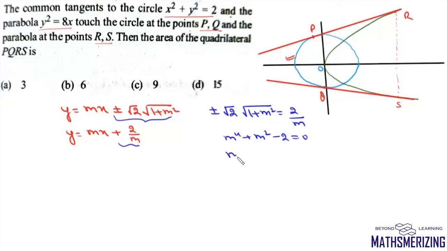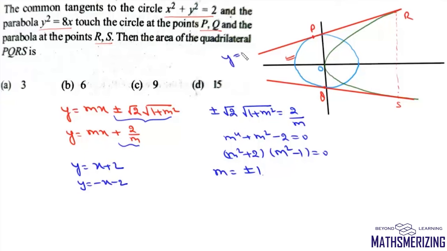So we'll get m square plus 2 into m square minus 1 equals 0. So the value of m here should be plus or minus 1. So the equations of tangent will be y equals x plus 2 and y equals minus x minus 2. So we'll consider this tangent, which is y equals x plus 2.